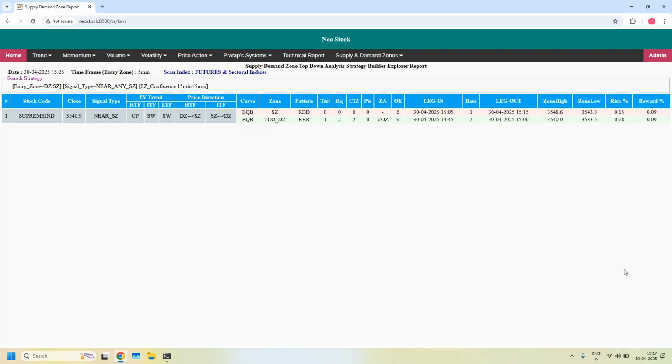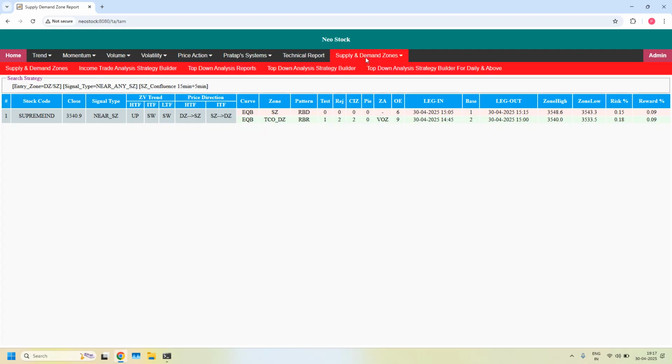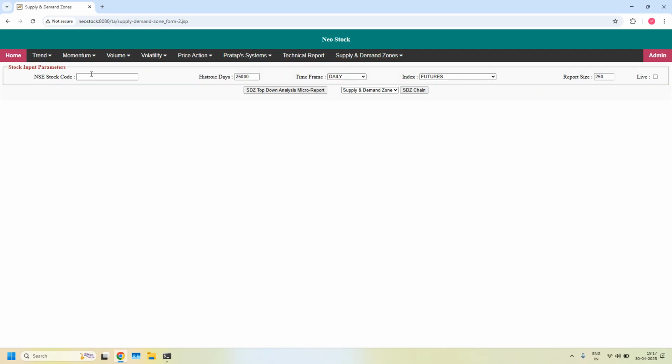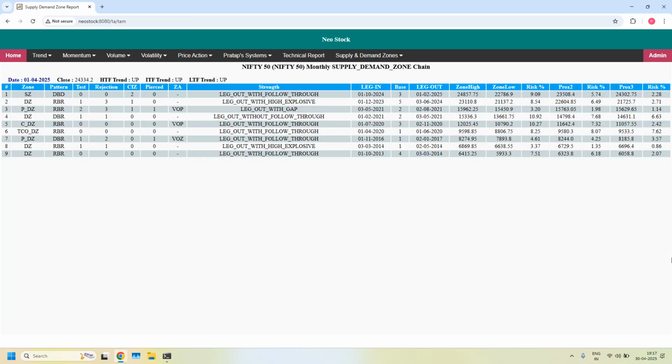Next, we will identify NIFTY and BANKNIFTY supply demand zone chain. Starting with the NIFTY, I am generating monthly supply demand zone chain for NIFTY. Okay, this is a NIFTY monthly supply demand zone chain.